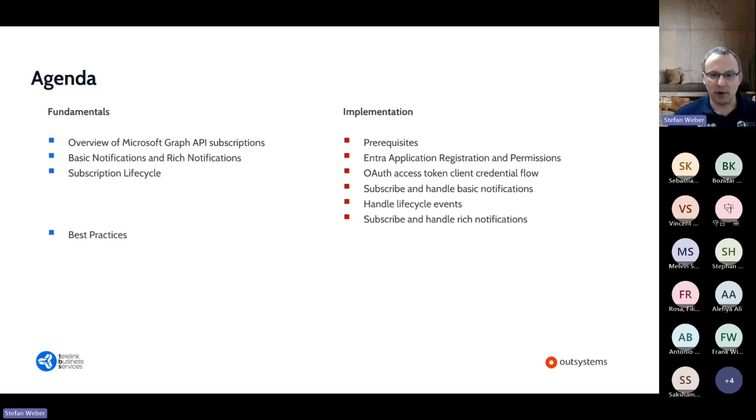We talk about the subscription lifecycle. And after we step into the technical implementation, we also discuss some best practices on how to consume Graph API event notifications. So theory first.